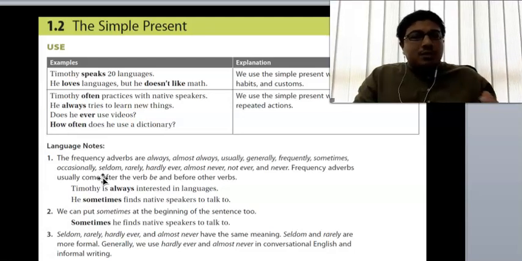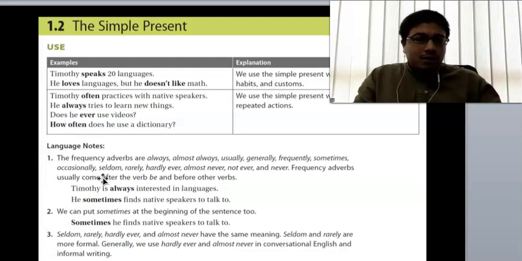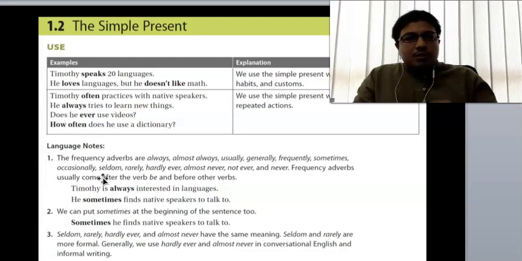You don't say the sun rose. You don't use past tense because that is factual information. Water boils at 100 degrees Celsius. So you say water boils. You don't use past tense, or say water is boiling at 100 degrees Celsius. So you use simple present tense because we are talking about factual information.